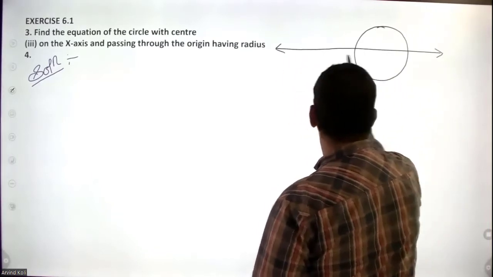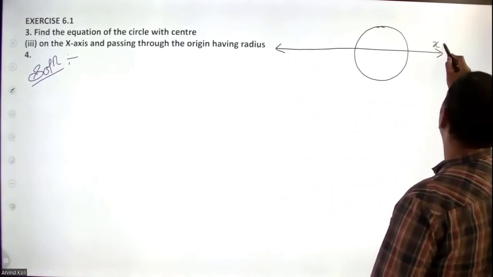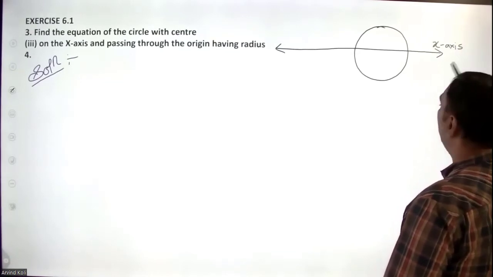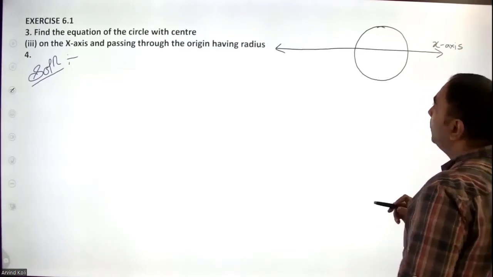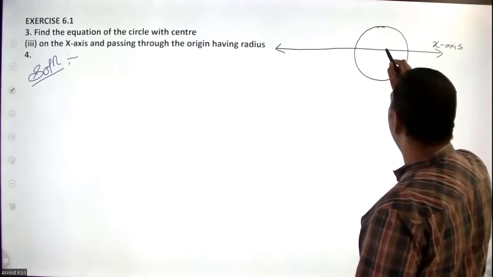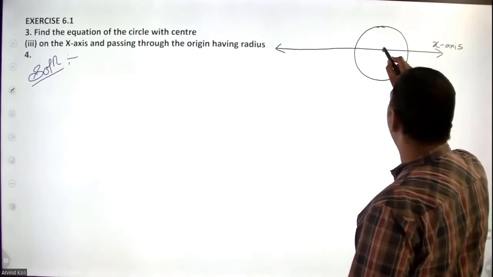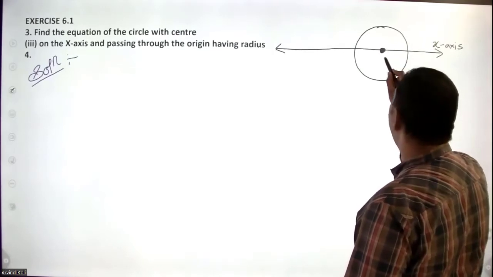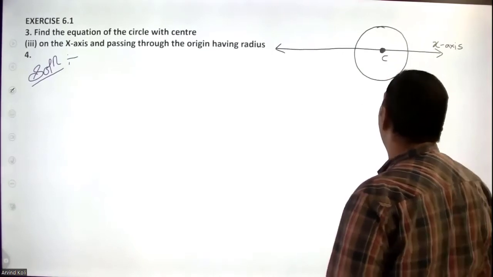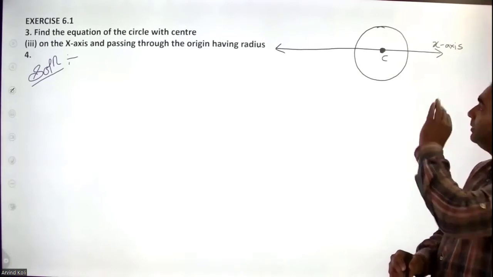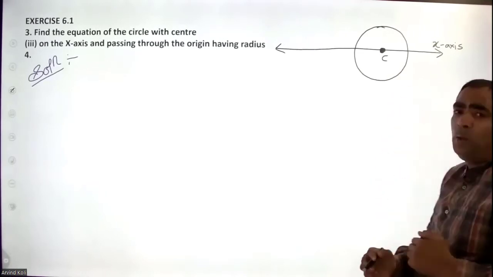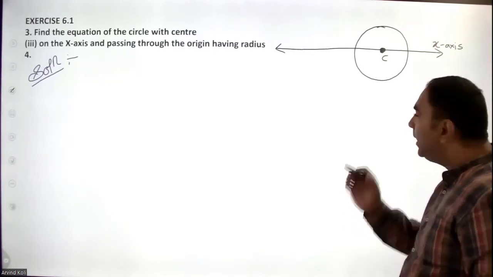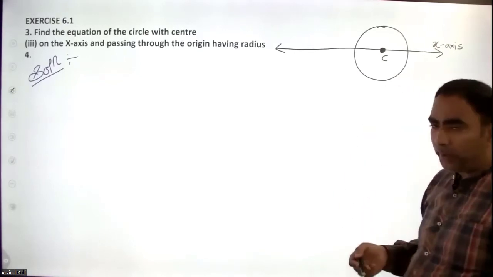This is our x-axis. All right. Now, as we know, the center is on the x-axis. So let us say the center is somewhere here. Now, we all know very well, since the center lies on the x-axis, its y coordinate will be 0. What the x coordinate will be, we will see in a while.